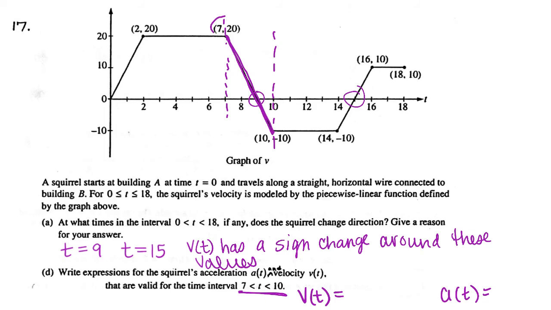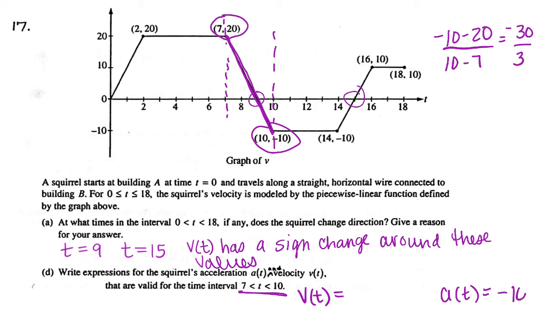So let's look, we've got 7, 20, and 10, negative 10. So if we do our slope formula, we're going to have negative 10 minus 20 over 10 minus 7. And so that's going to give me negative 30 over 3. So negative 10 is my acceleration.